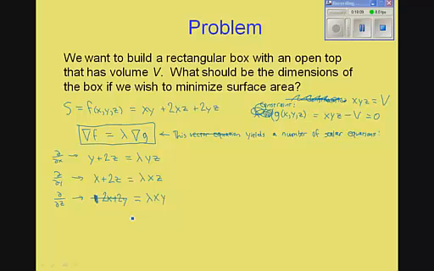Now here's what they don't tell you in our book, which is where I was throwing big F in the mix, and since they don't, I'm going to stay away. I'll still tell you, but they're going to write down now one extra equation: xyz minus v has to equal 0.